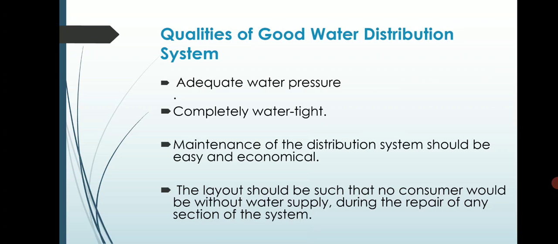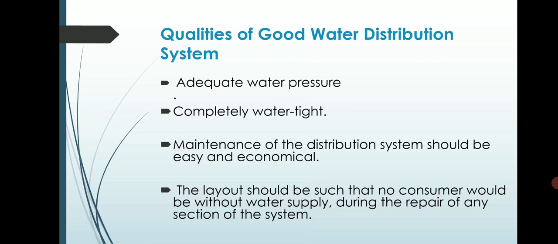Okay, then the qualities of a good water distribution system. What are actually the qualities of a good water distribution system? When we will call a water distribution system a good one, there needs to be adequate water pressure. Water pressure needs to be adequate at the consumer taps for a specific rate of flow.